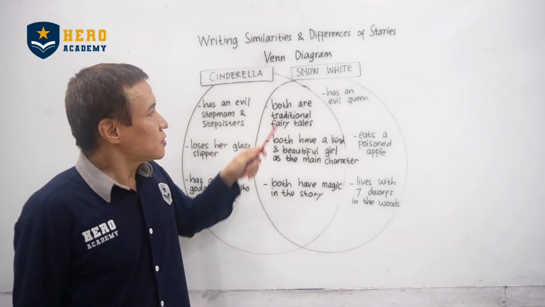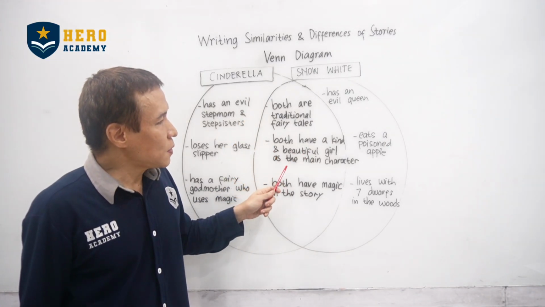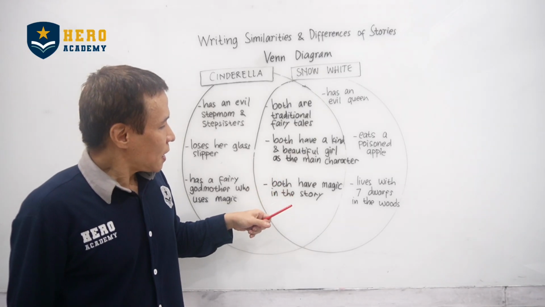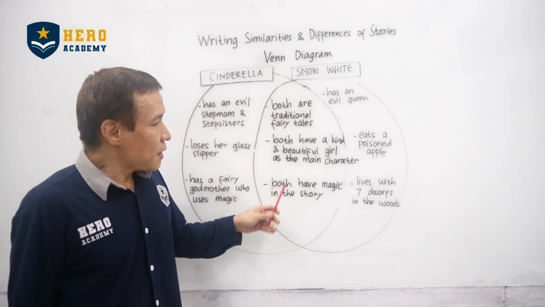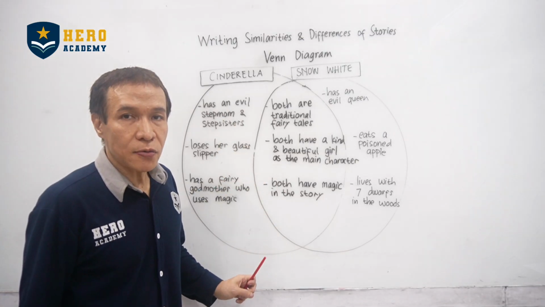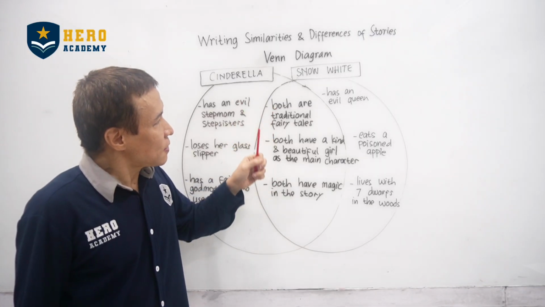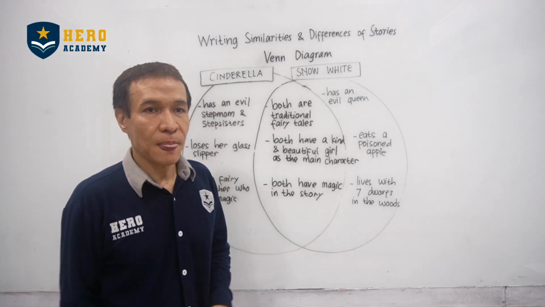And then in both stories, they have a kind and beautiful girl as the main character. And also, in Cinderella and Snow White, they both have magic in the story. Now, you know the similarities between these two traditional fairy tales.